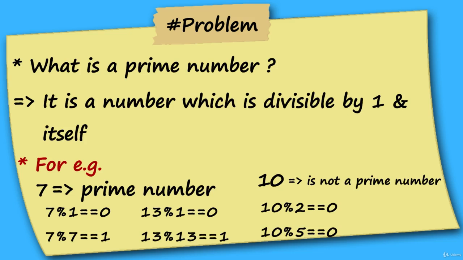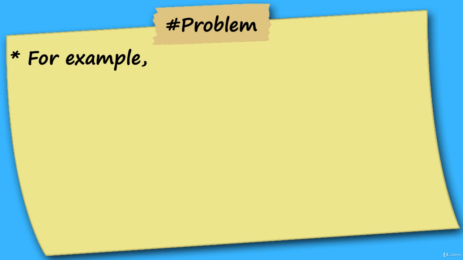Let's try to put a few steps to check whether a number is prime or not. Consider 5 for example. If I want to check whether 5 is prime or not, then first I will check, is 5 divisible by 2? Because 1 anyway can divide any number.